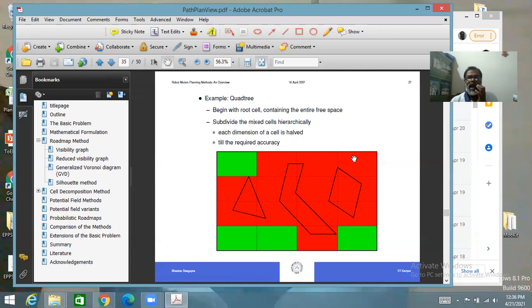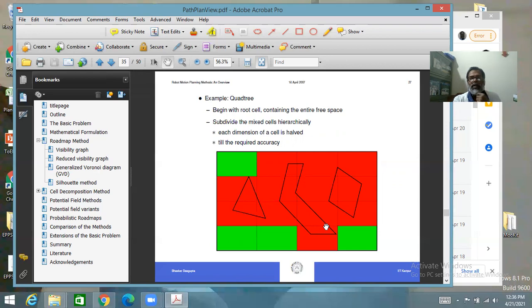That is the first cell, the original cell, the root cell, and in the tree, that will be the root node. Then, since it is two-dimensional space, you break it up into 4 quadrants. That means this line midway, this line midway. So 4 quadrants you get, and each of the quadrants is a cell now in the next generation.